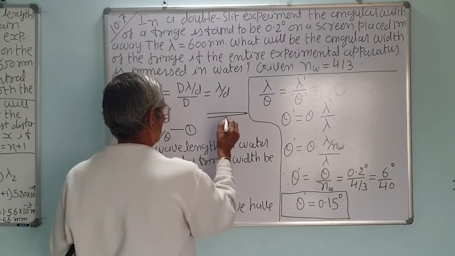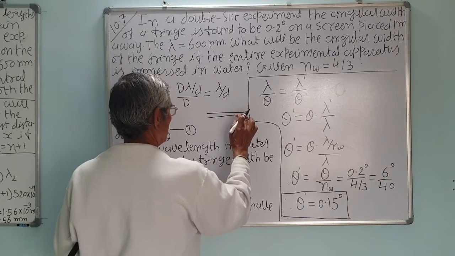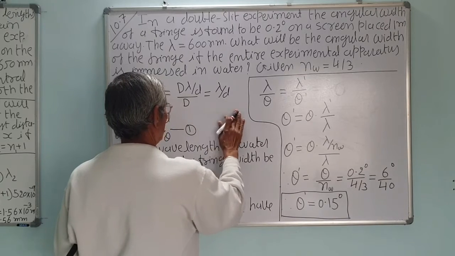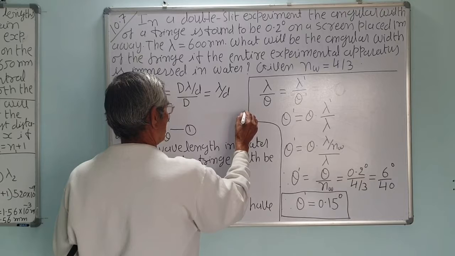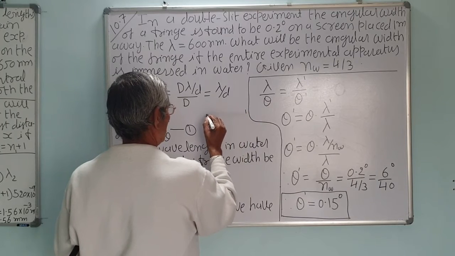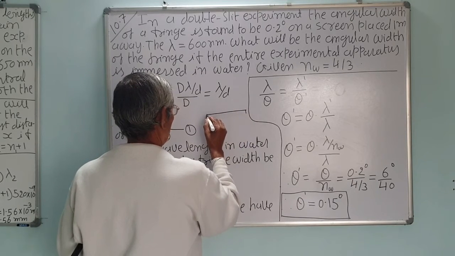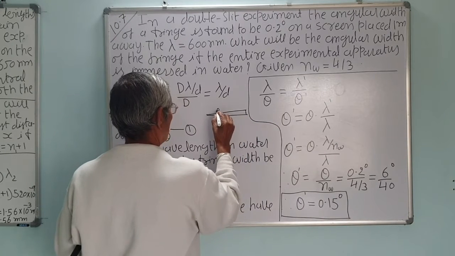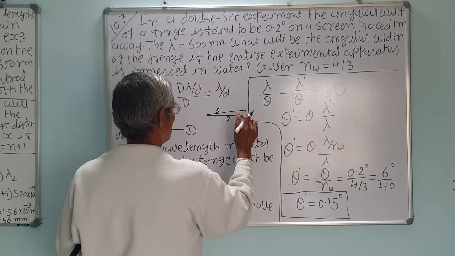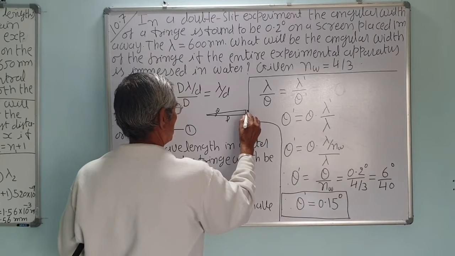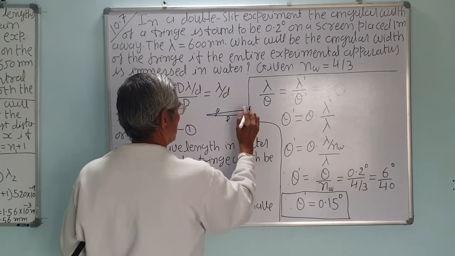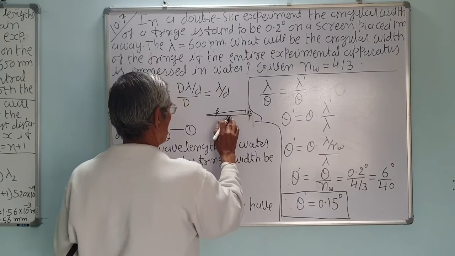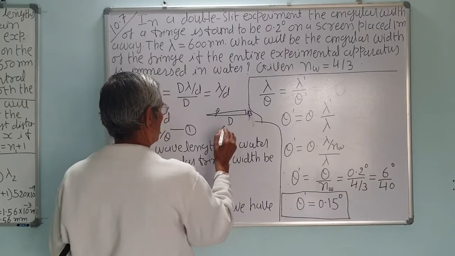Correct. So, this width is beta, this is D, this is theta. We will see in the diffraction to get it better. This is just like an arc, correct?